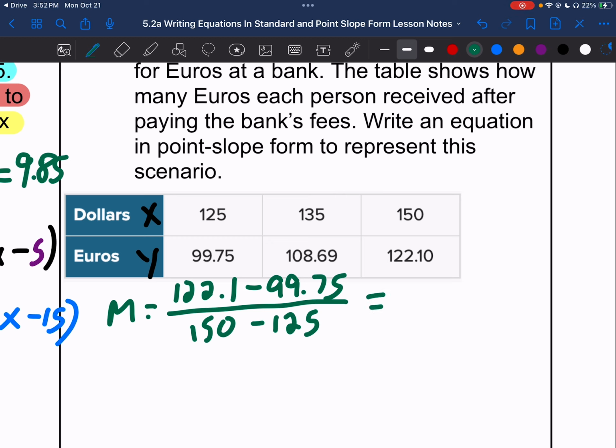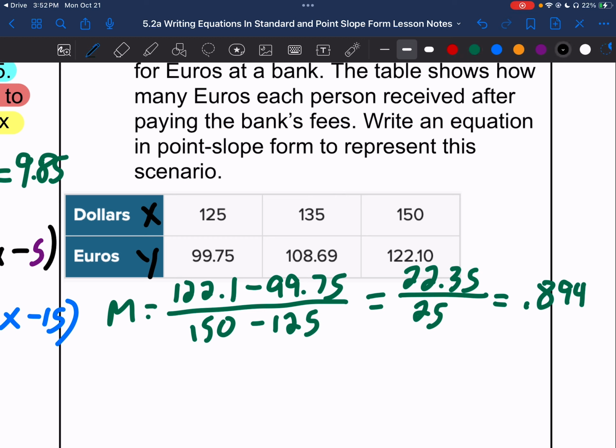When I do that, I get 22.35 over 25. And when I simplify that division, I get 0.894.